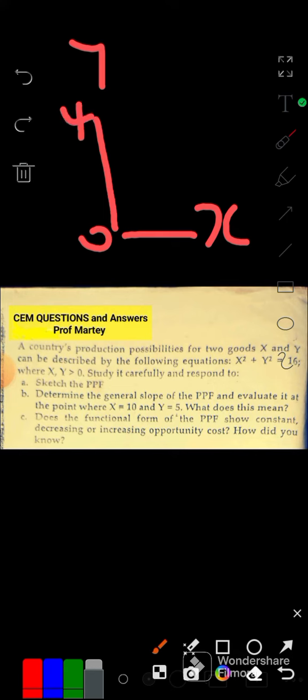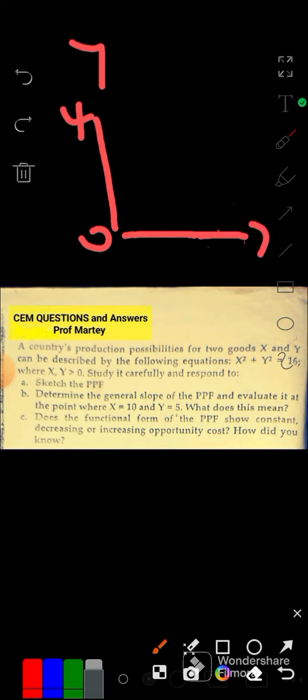Then our x was, let me extend this line. The space is really small, so let me extend this line. Extending the line, it goes like this.